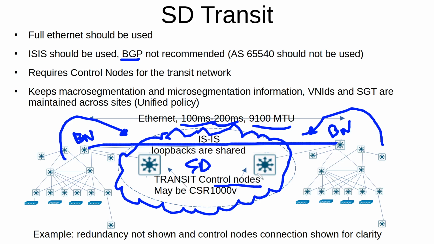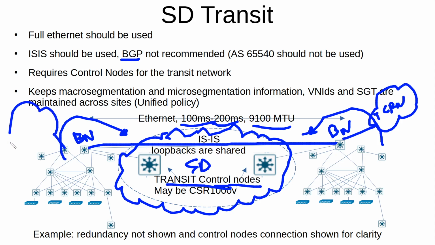I am showing these control nodes connected to the border nodes just for clarity, but these control plane nodes that belong to the transit can be installed on your shared services block. So you can install your transit control plane nodes in another part of your network, and you can even install them on virtual solutions, such as CSR 1000V.